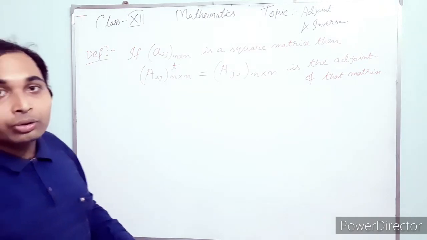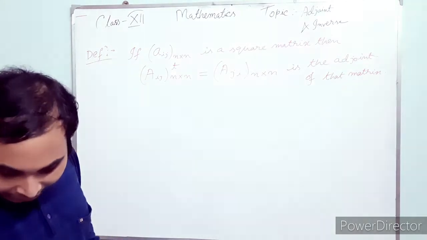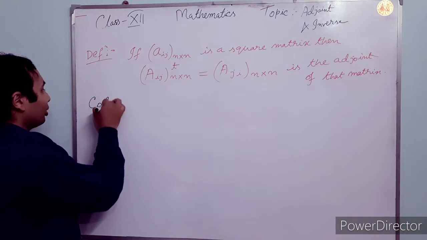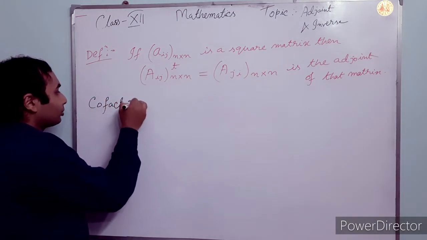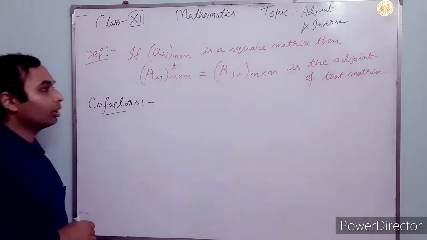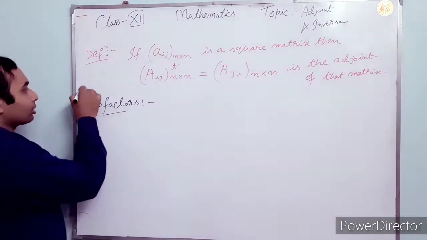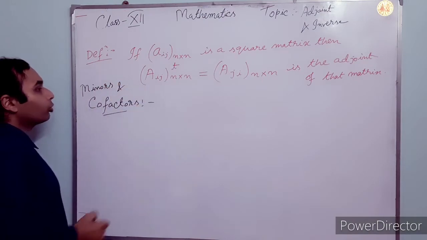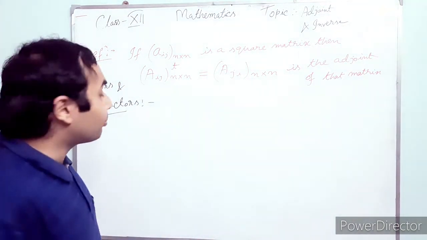So what are the cofactors? Again another term has come, the cofactors, and also the minors. Here I am writing the minors also. Minors and the cofactors. We will see the example here.